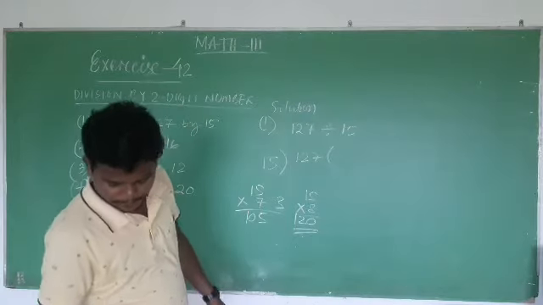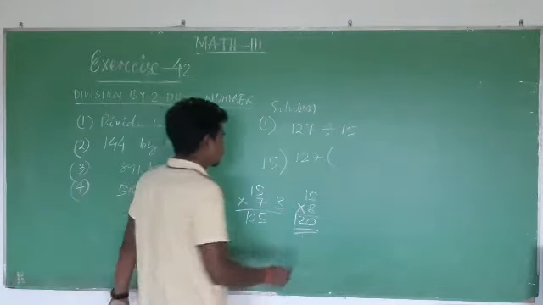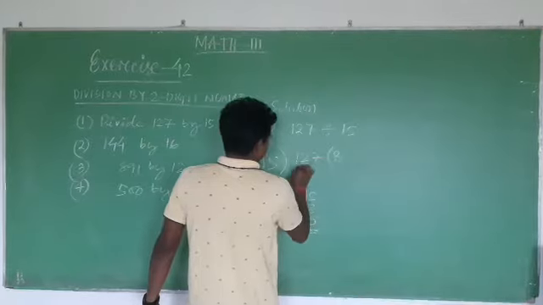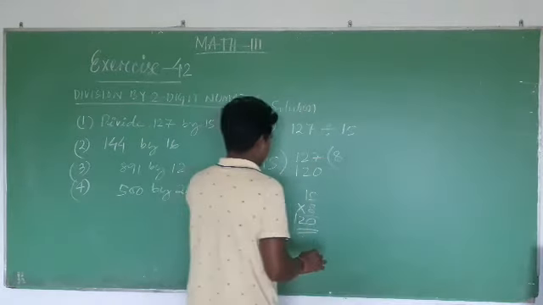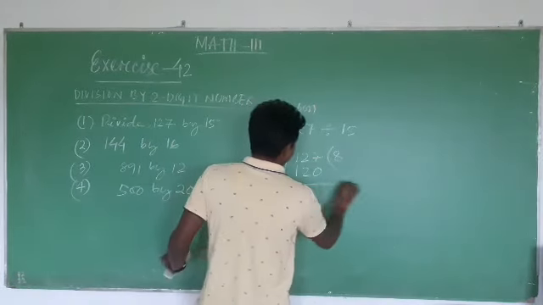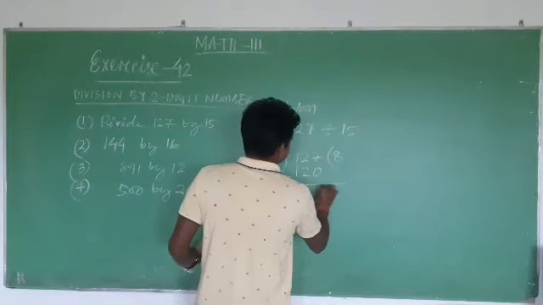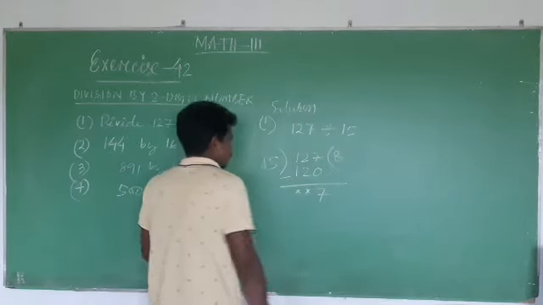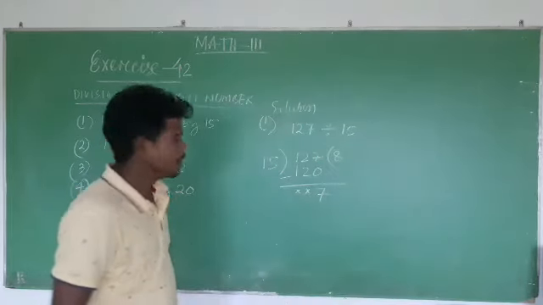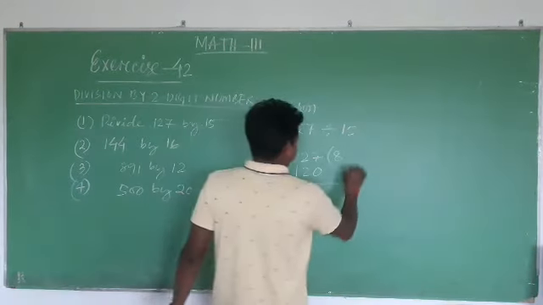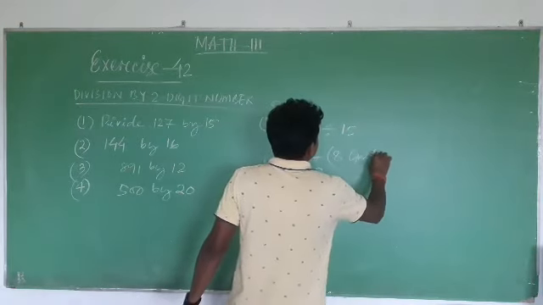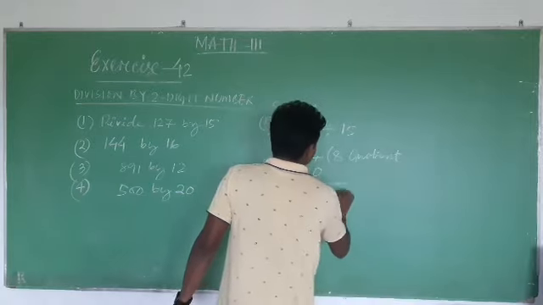Greater, 135. Right? So here I will take 15 8, which is 120. Right? And after subtracting, this is 7. This will be my quotient, and this will be my remainder.